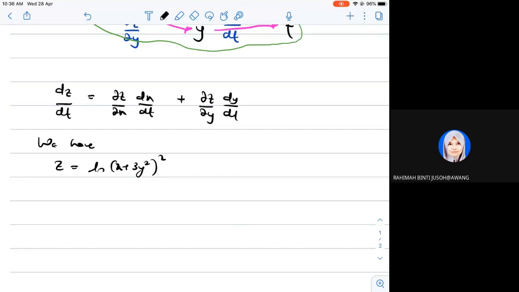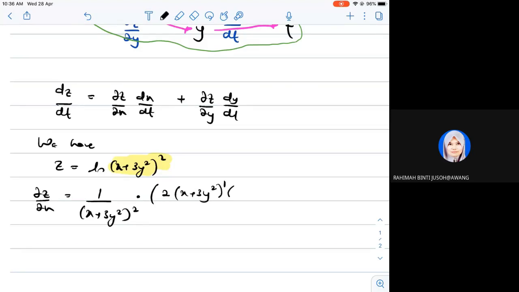So del Z over del X equals to, since this is a ln, 1 over the whole thing, x plus 3y squared, multiply with differentiate this function. So we will have 2x plus 3y squared to the power of 1, isn't it?